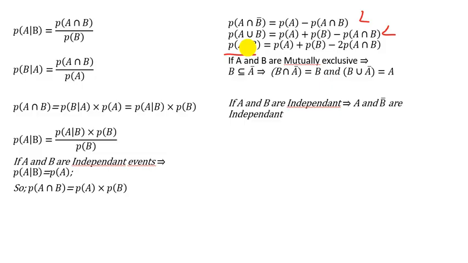So it is the same as the union, but we need to remove the intersection again. So the final formula for delta is P(A) plus P(B) minus twice the intersection.